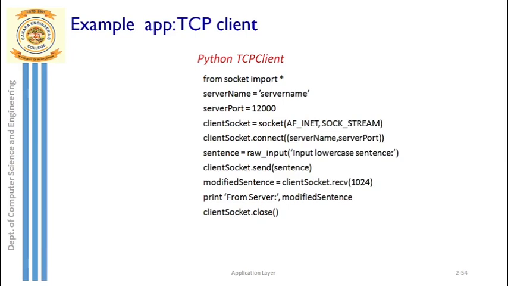So the function is the same, raw input, wherein the statement is printed, and the client also will type the sentence, which is in lowercase, and the input message he has typed will be stored in the variable sentence. Now the client is ready to send the sentence. This time he is sending the sentence again through the client socket he had just created. So at the client side only one socket is there, and it is the client socket. So send is the function which is used. The variable is sentence. So he's ready to send the sentence.